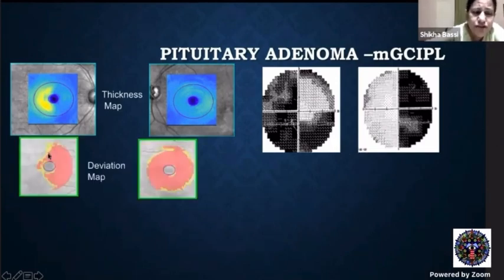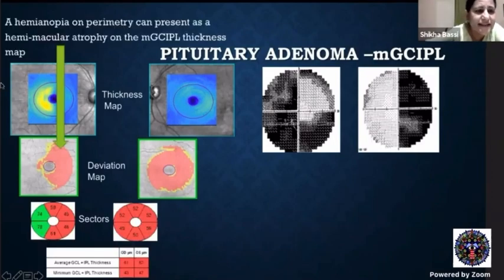And the deviation map shows us there is GCC atrophy in the nasal half of the right eye. It is reflected as the opposite, that is the temporal half, as hemianopic. So what we can say is that a hemianopia on perimetry can present as hemimacular atrophy on the MGC-IPL thickness map.